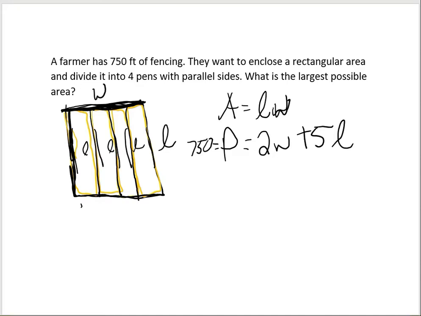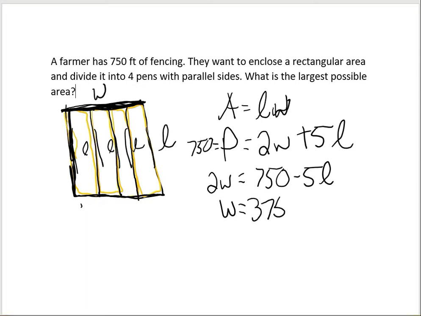So the formula is already looking a little different than it did last time. So we can solve for one of them, like say W. So 2W equals 750 minus 5L, or W equals 375 minus 5/2 L. And that's just dividing both sides by 2.